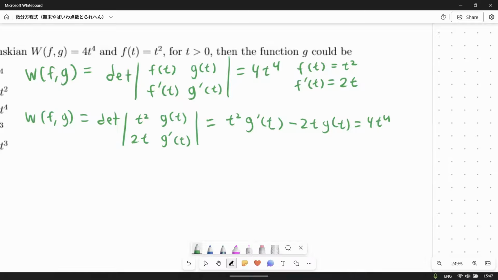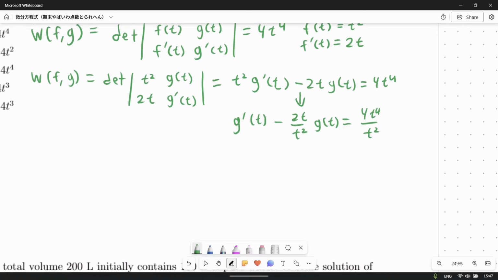When you do that, you end up with g prime of t minus 2t over t squared times g of t equal to 4t to the fourth over t squared. Simplifying this down, to simplify this, you end up with just g prime of t.